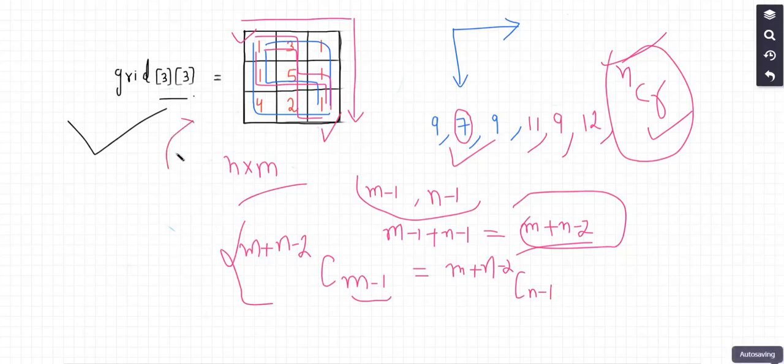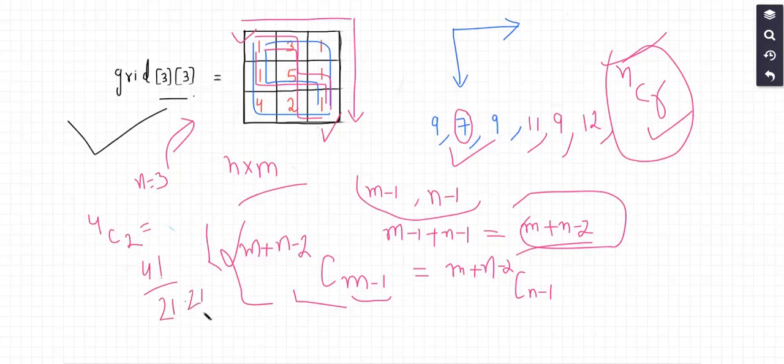Okay, so for this matrix where n is equal to m, that is 3, the number of paths would be 3 plus 3, 6 minus 2, 4, 4 C m minus 1, that is 2, which would give me 4 factorial divided by 2 factorial into 2 factorial, and this is going to give me 6.